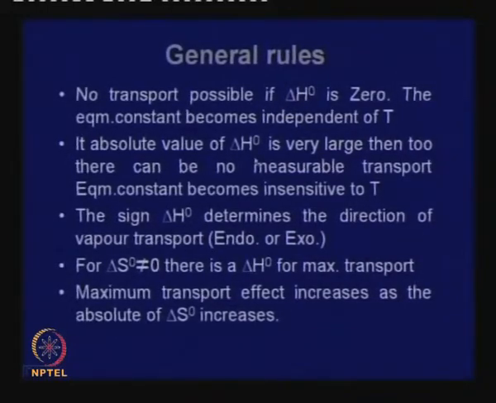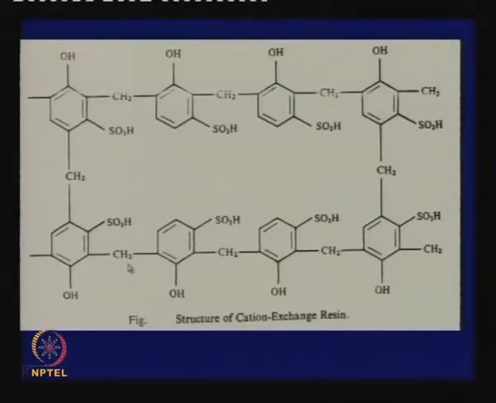If the absolute value of delta H naught is very large, then too there can be no measurable transport, and it is the sign of delta H naught that determines the direction of vapor transport. Then there is also this element that delta S naught, if it is not equal to 0, is a condition regarding entropy change also. This cannot be done simply.